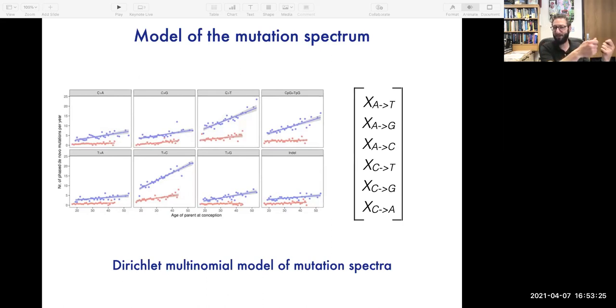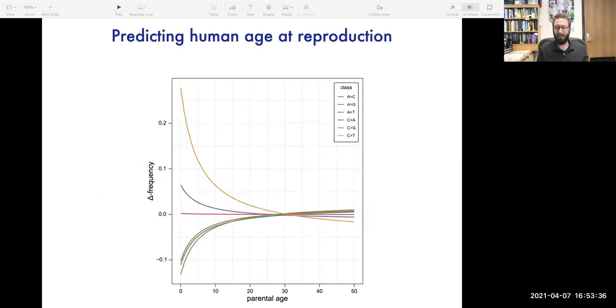So I get a bunch of mutations, I know they're from one slice in time, and I have a model that can predict how old the males and females were that produced this spectrum. It looks a little bit like this problem, where I try to minimize the distance between my model and the data, except it's a 6-dimensional space and I have a parameter separately for males and females. But this is basically what we're doing.